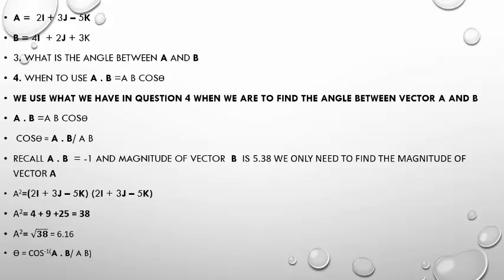Then if we find the inverse of this cos, it will give us cos inverse of A dot B over the magnitude of A times the magnitude of B.